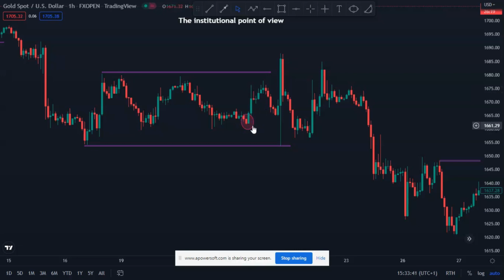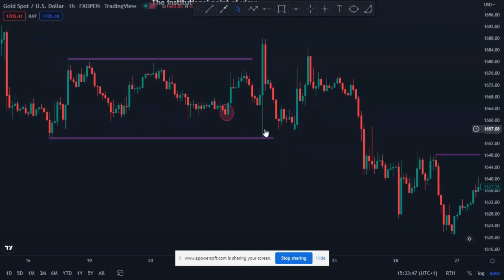Why is that happening? It's because people with more money are putting in more money to buy. Let's say you place two lots, and then someone with 10 lots places an order, which means they're going to go against you. That's the main reason why sometimes you place an entry and then you get taken out.